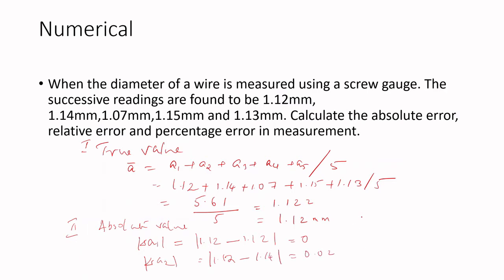Then next is delta A3. Delta A3 is equal to 1.12 minus 1.07, that is 0.05.